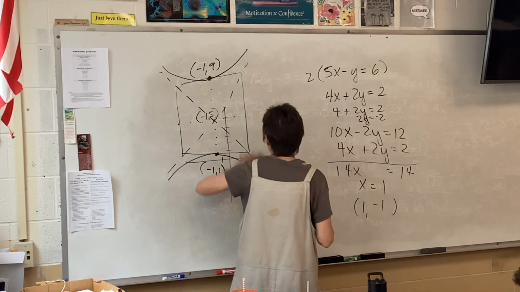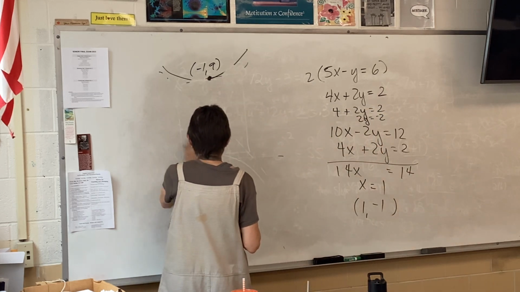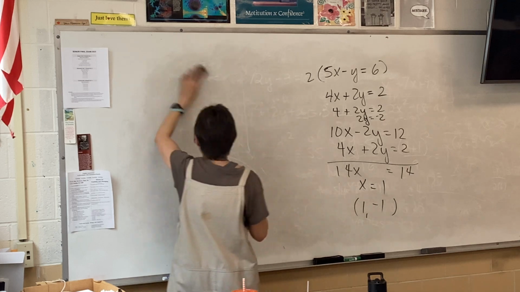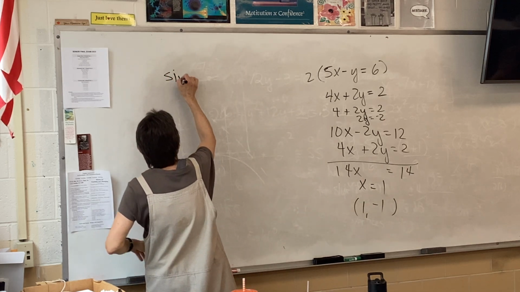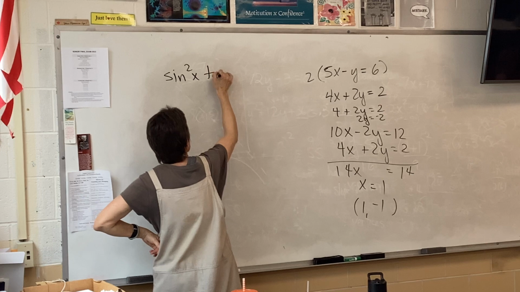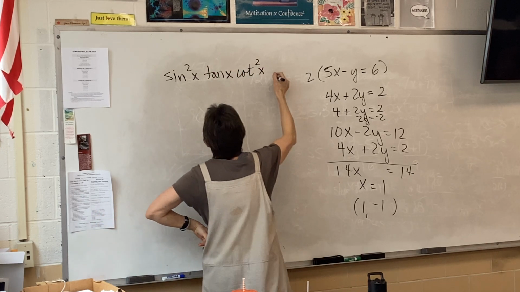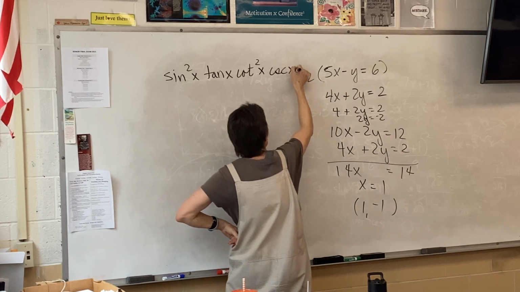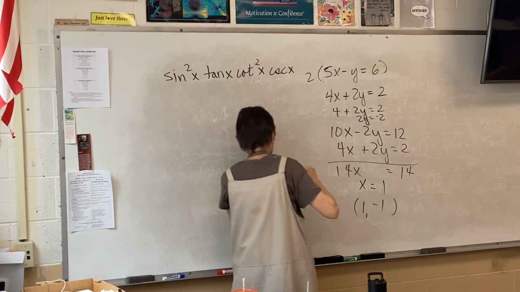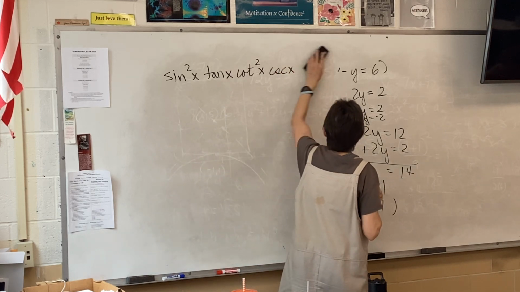Suppose we have something that looks like this. Sine squared, tangent, cotangent squared, cosecant, cosine.